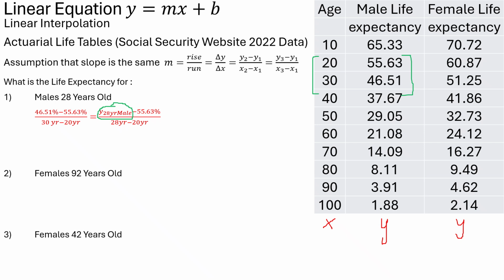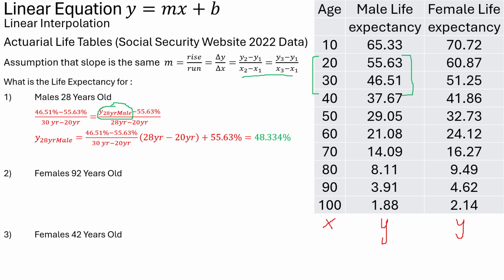So that's the y term that we're trying to solve for. So we change from 30 years to 28 years down here to match the y3, x3 terms that you see in this slope relationship. So if I isolate this, what we're trying to solve for, we get 48.334%.